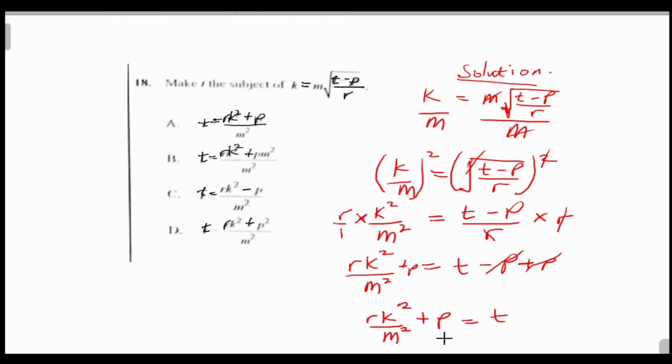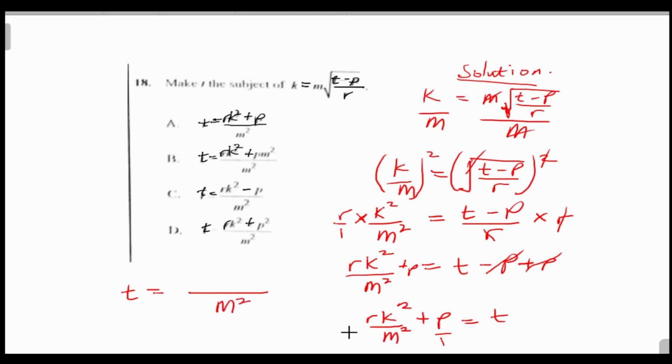And this should be our answer, but looking at them, they're all sharing the same denominator. So that means we have to simplify this further. And to do that, this p is over 1. So let me just do it at the left hand side. Our t will be equal to the LCM for m squared and 1, which is m squared.